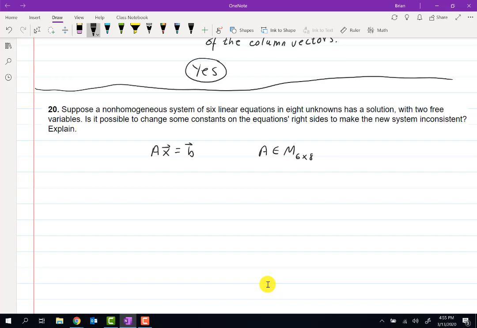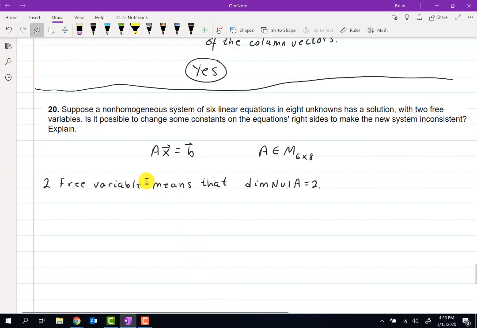We have 2 free variables, that means that the dimension of the null space of A is equal to 2. The number of free variables is the same as the dimension of the null space.